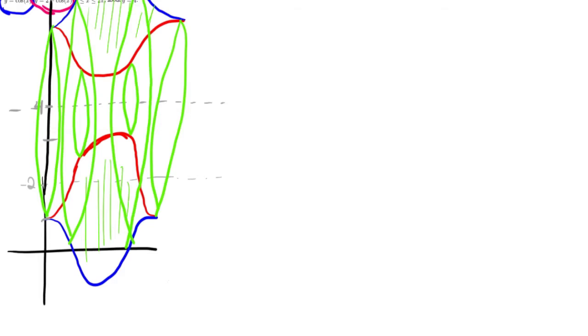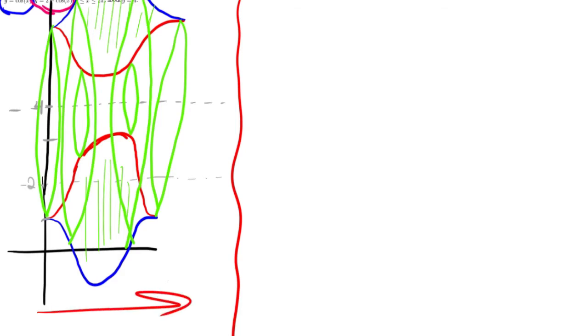All right, well, great. So what we want to do is, as usual, our cross sections are circles, and we're going to integrate in this direction. So we're going to integrate with respect to x.